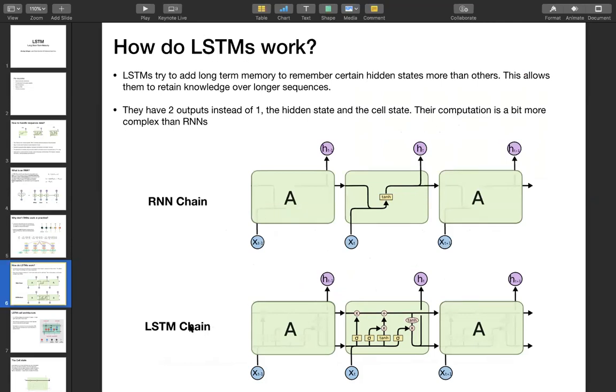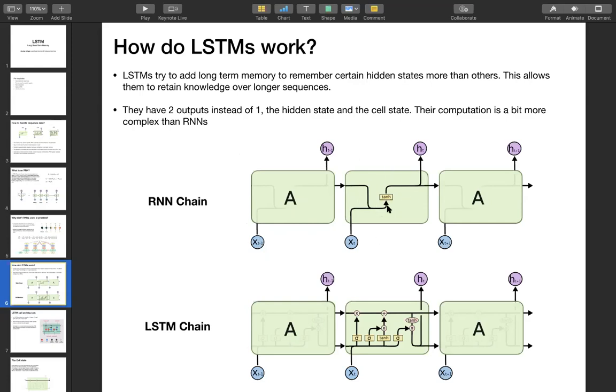Before we get into what exactly an LSTM does, we'll look at how we really work with an RNN chain, and how it is similar or different compared to an LSTM chain. An RNN chain takes in one word at a time, gives out one embedding, and then passes that to itself in the next time step.